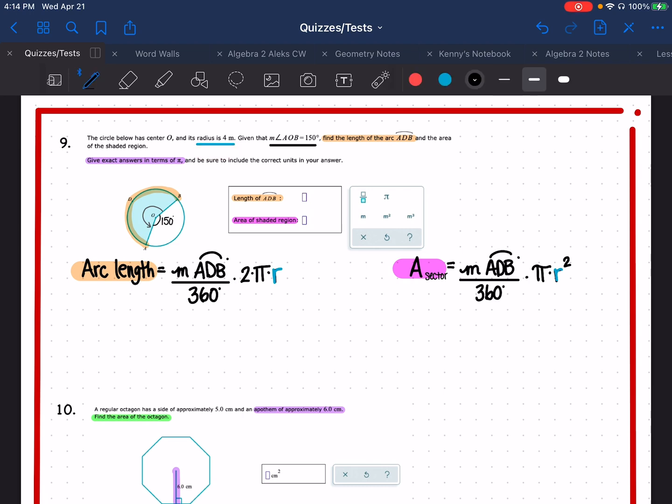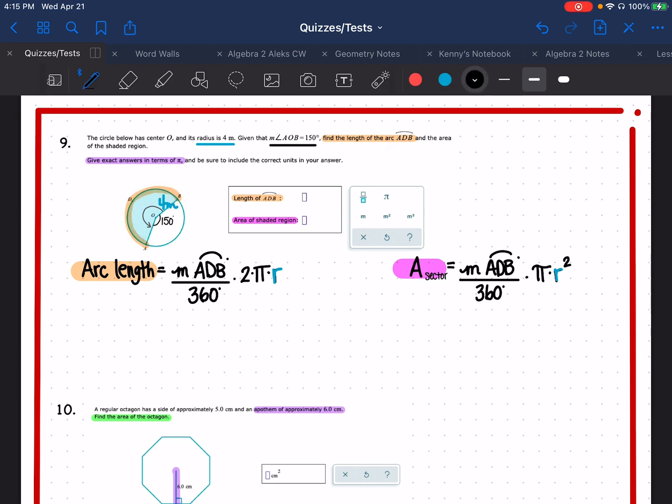Mine is 4 meters, so let me go ahead and add that to my picture because I didn't. And then it is going to tell me right here that the measure of AOB is 150 degrees. There is AOB, and I've added it in there. But notice the part that they're asking for, the shaded part, is this right here.